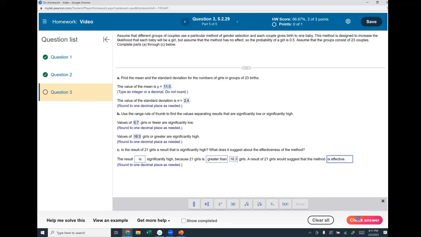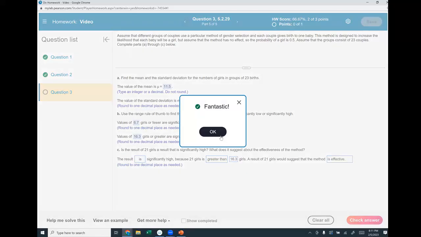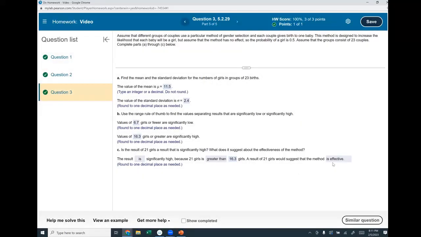We'll see if I get it right. Exactly. Okay, so it's effective because without the treatment, we have a 50% chance of a girl and a 50% chance of a boy. But with this treatment, we're getting significantly higher values. So the treatment is effective.